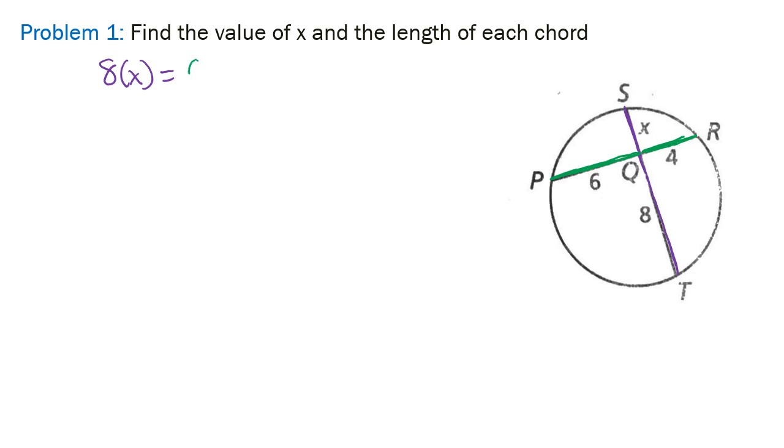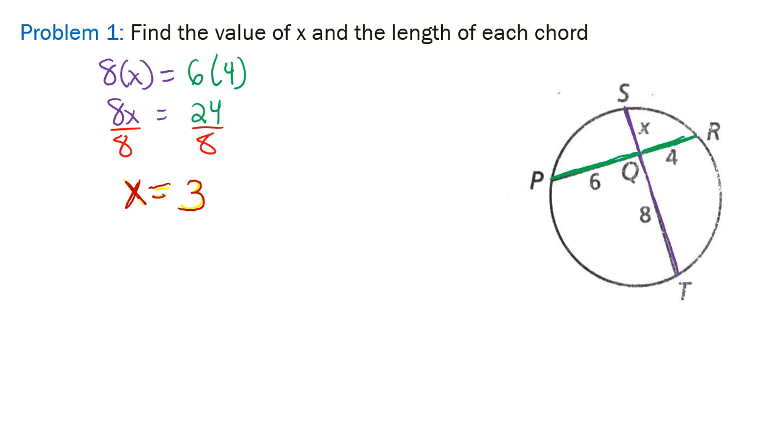So we have 6 times 4. We just multiply those two together, where we have 8x equals 24. Divide both sides by 8 to get x by itself, which is simply going to leave us with x equals 3.